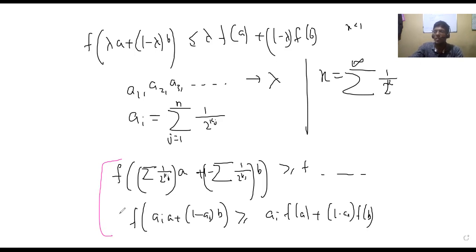Because if you want to reach any real number lambda using powers of 1 by 3, you cannot do it with only 0 and 1 as coefficients. If you take a base 3 expansion, then the coefficients can be 0, 1, or 2. Only with 0 and 1 you cannot reach every real number.